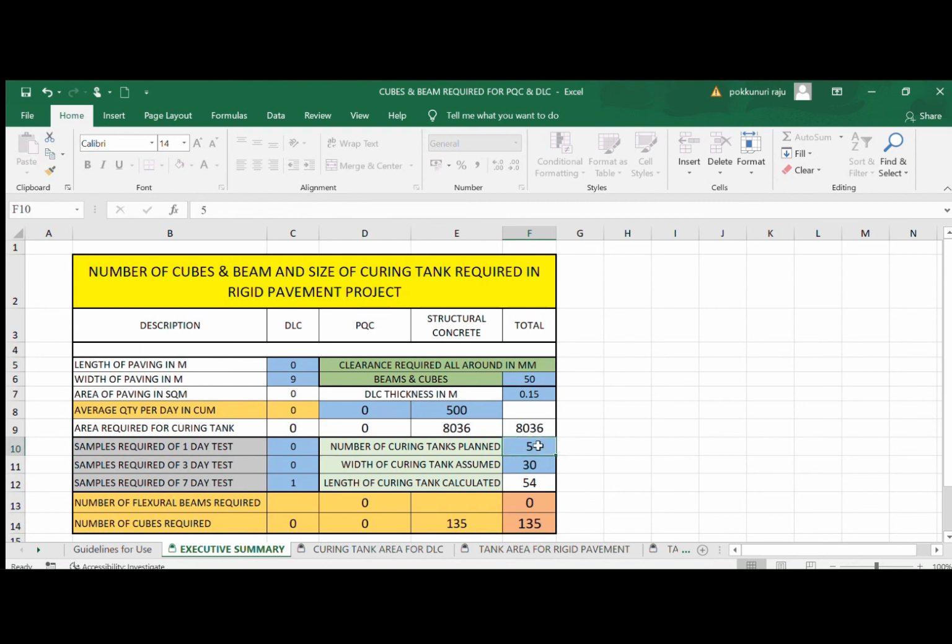In that condition, you can reduce your number of curing tanks to 3 if you have land, and each tank will have a dimension of 30 by 90 meters to store the cube moulds. So this is how you generally do your analysis or calculation of the size of the curing tank and the number of beams or cubes required in the project.